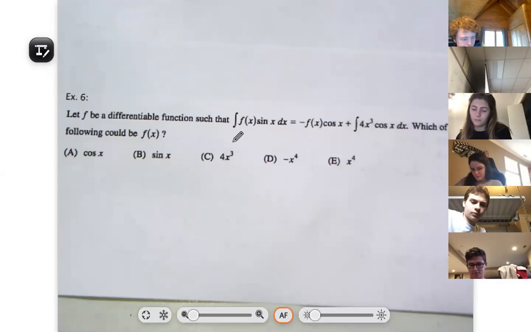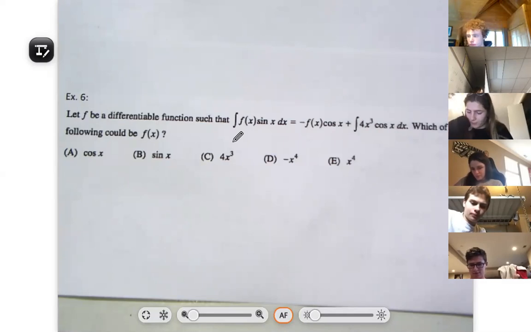So yeah, that's all I've got. Got another formula for this one, because you've got to see how the sign changes. Did you get E?